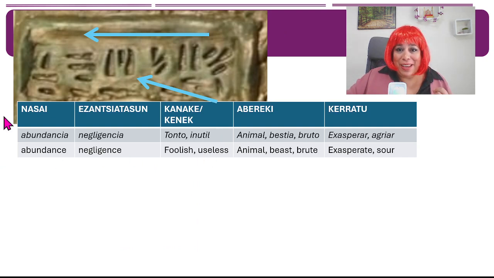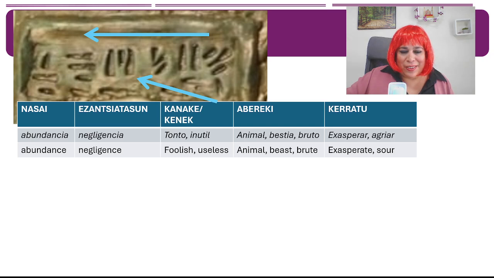And this is my favorite one. It goes to the other side. It goes from the right to the left. And we start with this symbol of the square, that means kerratu, exasperate, sour. So let's read it like this. Animal, beast, foolish, useless, negligence, abundance.